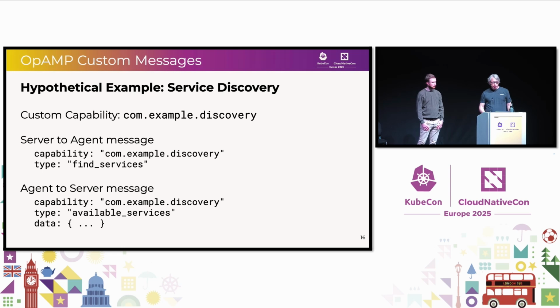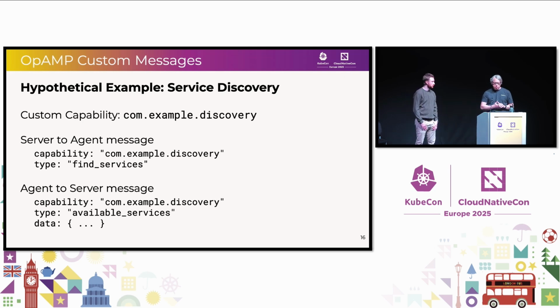So to give you an idea of how this works, there's an example in the spec of using custom messages for a service discovery feature. The server sends the agent a custom message requesting the available services that could be monitored. And then the agent could respond with a list of services that it discovers. So first we define a capability. Here we have it called COM example discovery.